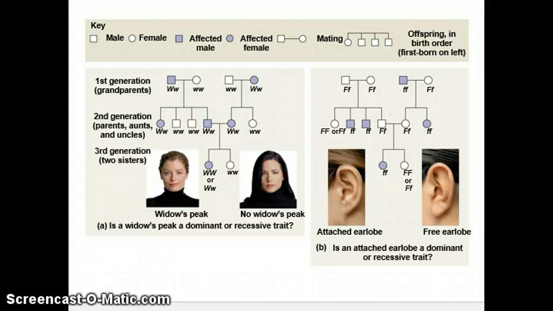And if you have half of the square or circle shaded, then sometimes that indicates that person is a carrier, so they're heterozygous for a recessive trait. Oftentimes, especially in more advanced biology classes, they don't show you the heterozygous carrier being half shaded in. They expect you to be able to deduce that based on the patterns that you see.